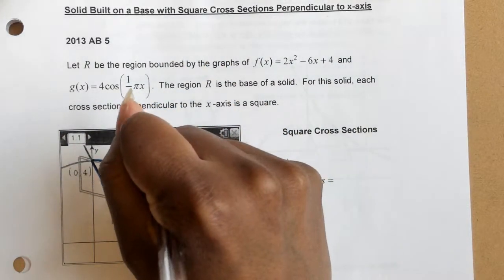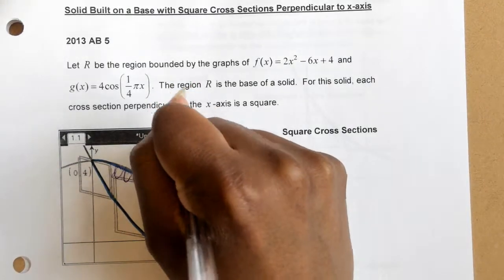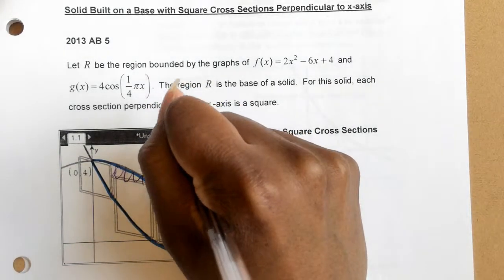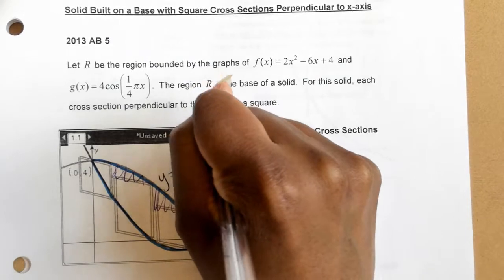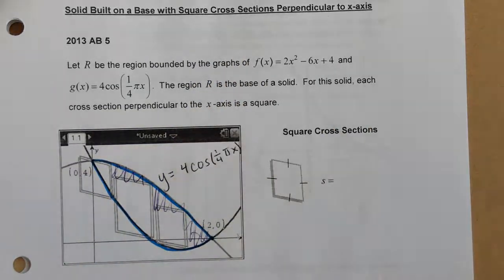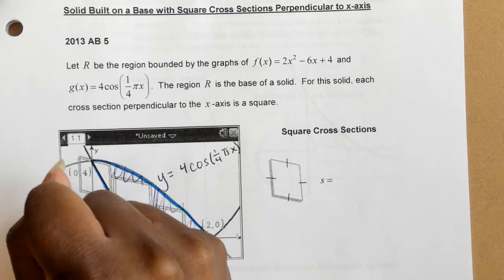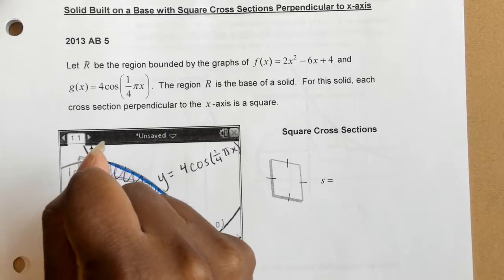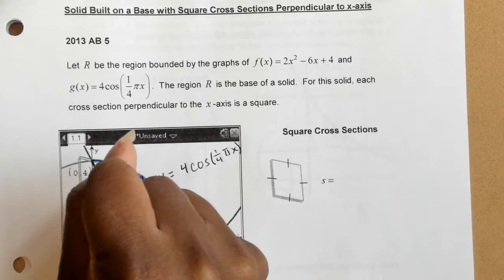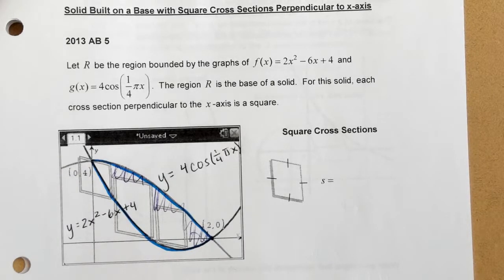So with that, I know that my top is y equals 4 cosine 1/4 pi x, which means that our bottom graph is y equals 2x squared minus 6x plus 4.